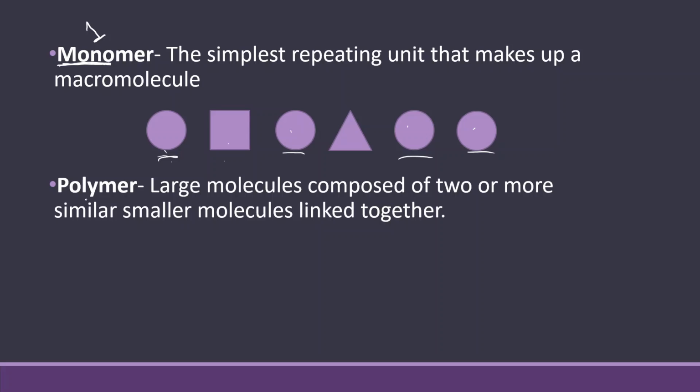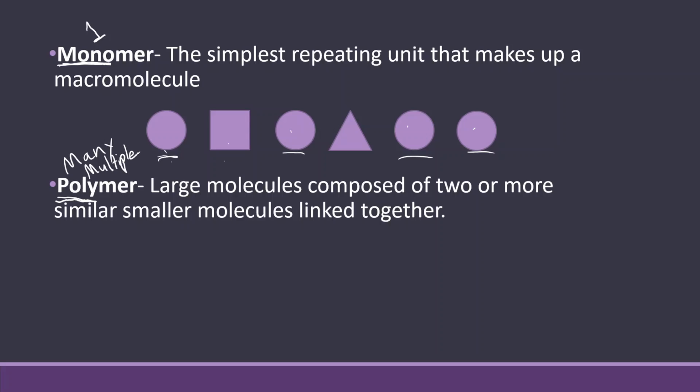In contrast, there's polymer. That front part there is poly. If you've heard of polytheism, polytheism is belief in multiple gods. Or maybe from math class, polygon. A polygon is a shape that has multiple sides. So poly means many or multiple.